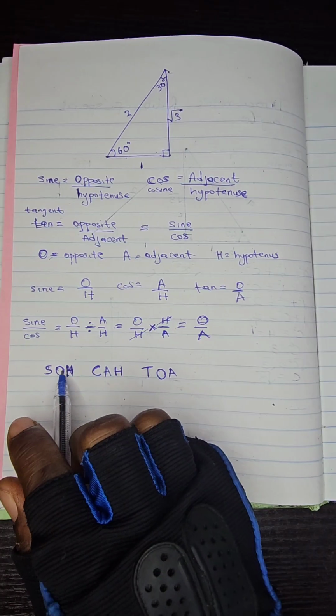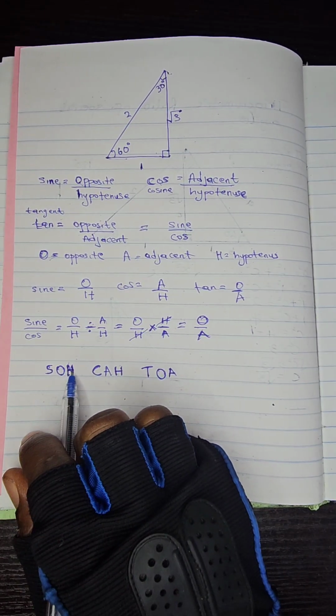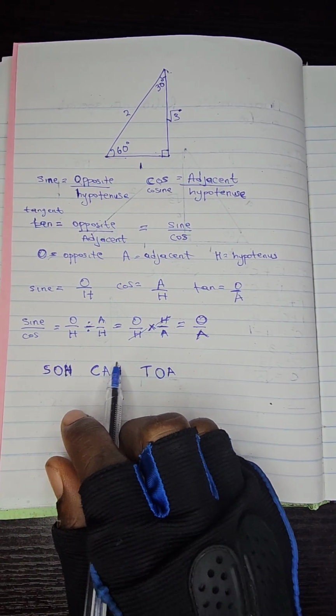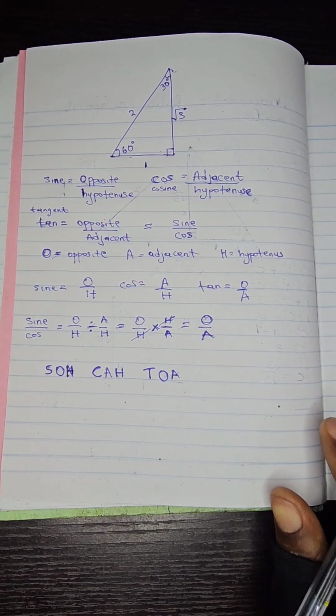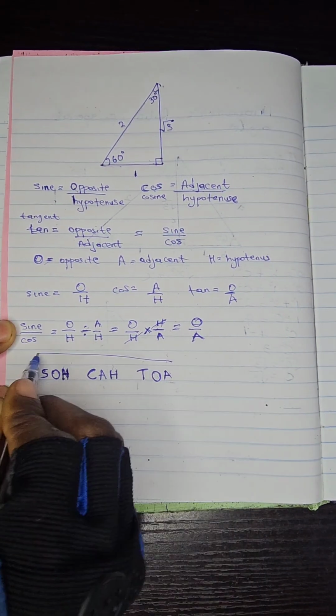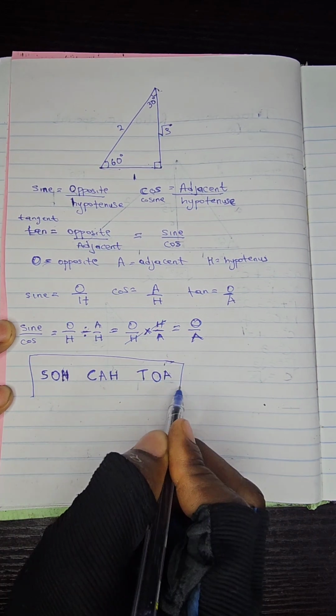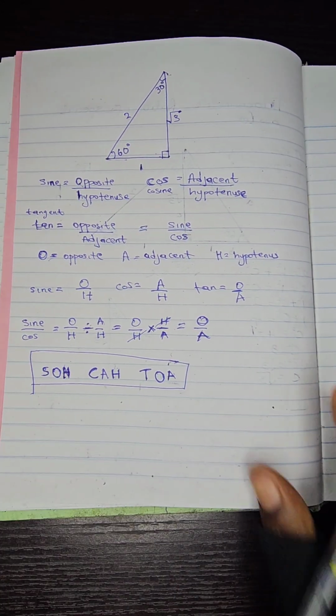So SOH, this is opposite over hypotenuse. CAH, this is adjacent over hypotenuse. TOA, this is opposite over adjacent. So you can just highlight this and store it in your memory.